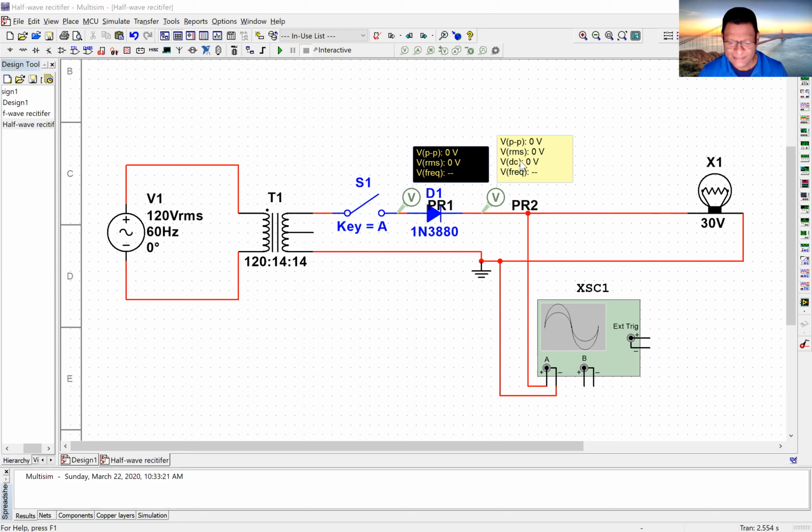Please notice that here I have two different voltages. We are going to be able to see the DC voltage, which is the, sorry, not the effective, which is the average voltage. And we are going to be able to see also an RMS voltage right there after the diode, which is called the ripple voltage.